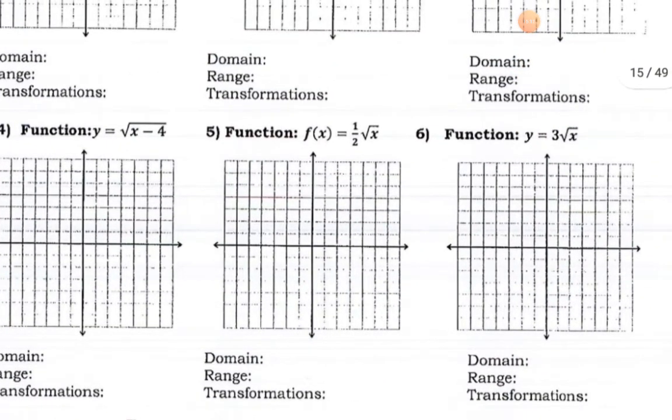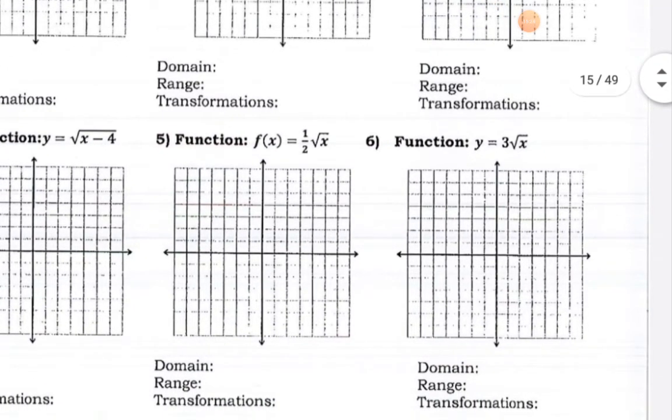A function like number 5, that's 1/2 in front, that's the a term. So it's less than 1, so that's going to be a vertical compression. And number 6 has a 3 in the a term, so that's going to be bigger than 1, so that's going to be a vertical stretch.